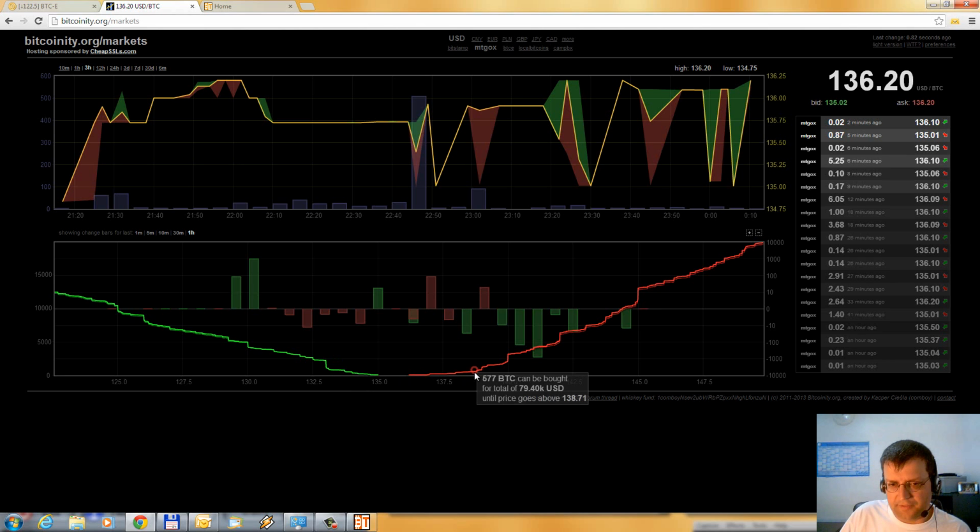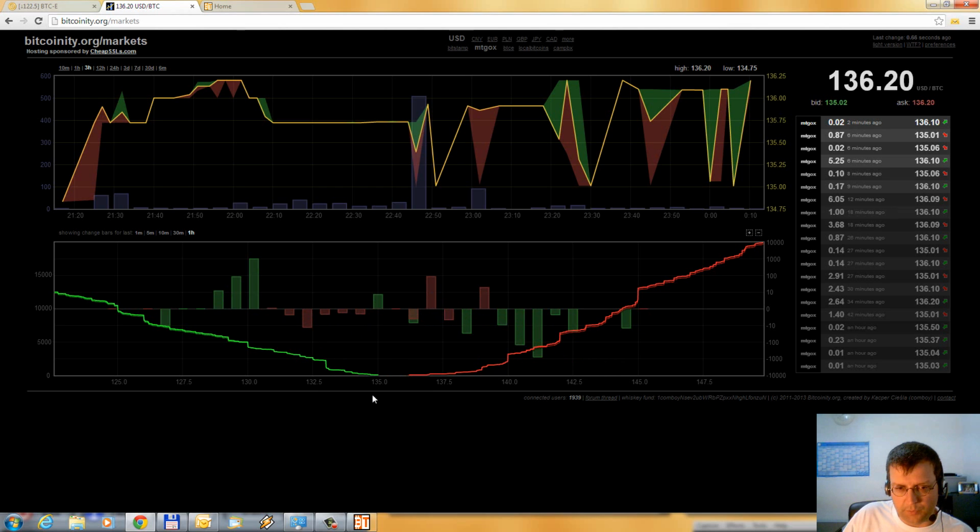And as you can see in this chart, these red bars on the right are usually going up, and the green ones are going down. And on the left side, usually the green ones will go up and the red ones will go down.